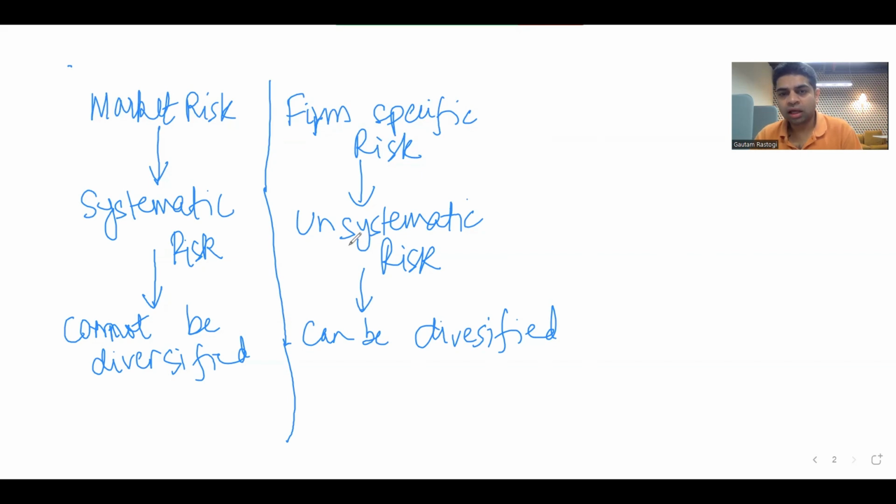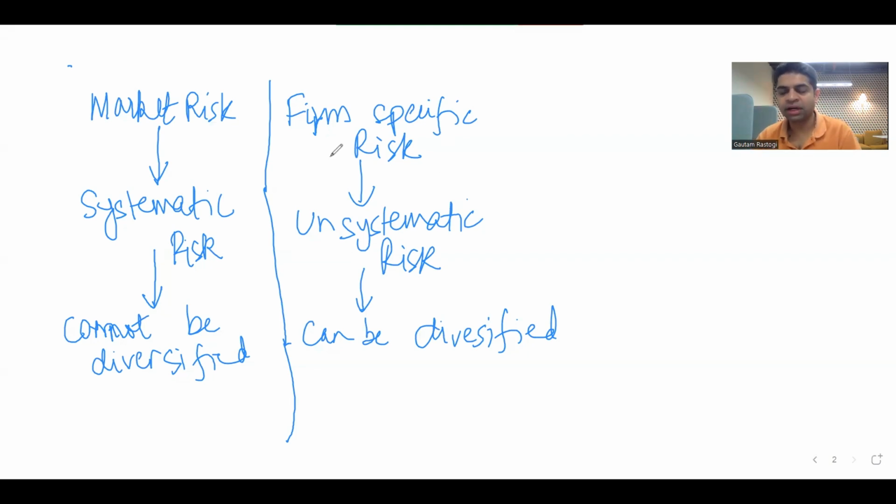What is this firm specific risk and why are we saying it can be diversified? If you are invested in multiple companies, or if you are an institutional investor invested in multiple companies, then you obviously have market risk, but you have minimized the firm specific risk because you're invested in multiple companies.